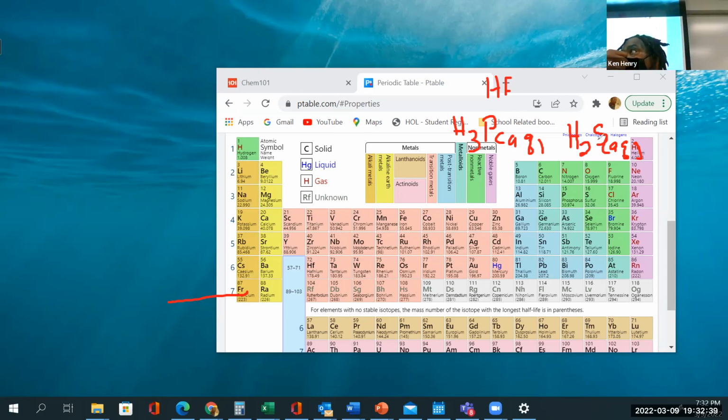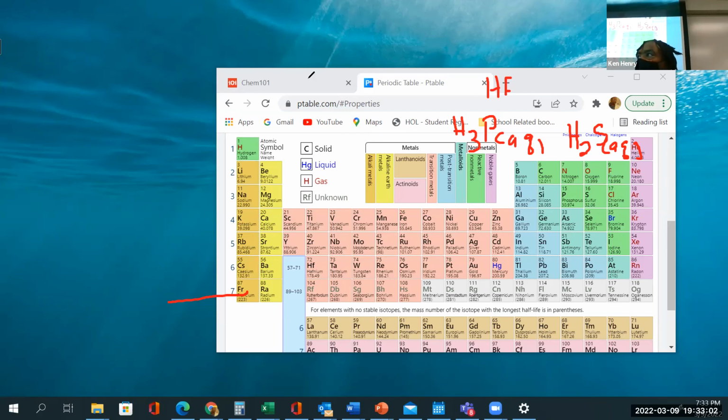So that becomes H plus easier than this one does. That's right, that would be a stronger acid.